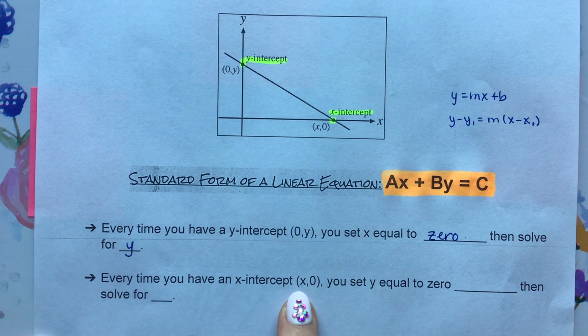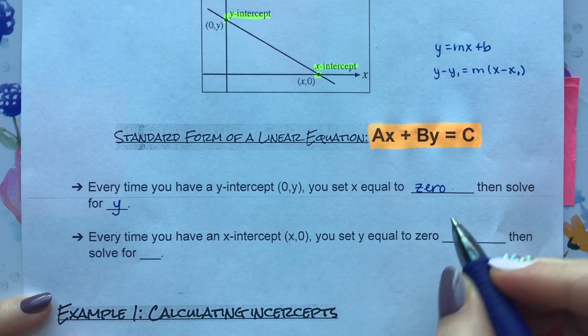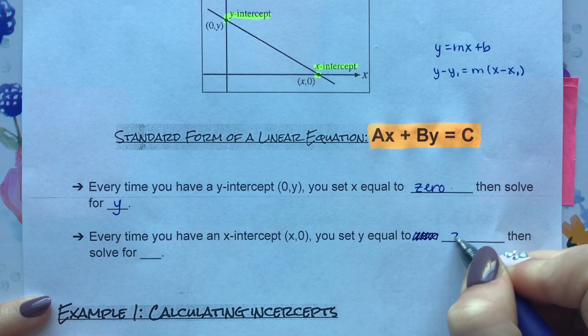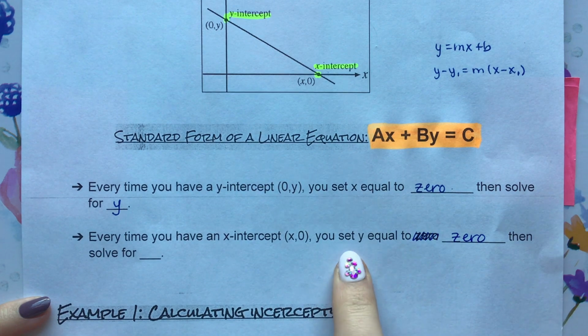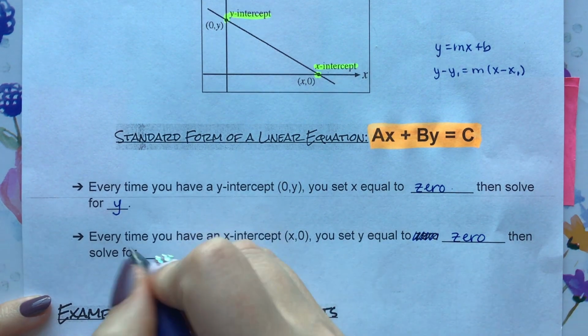Every time you have an x-intercept, or (x, 0), you set y equal to 0, then you solve for x.